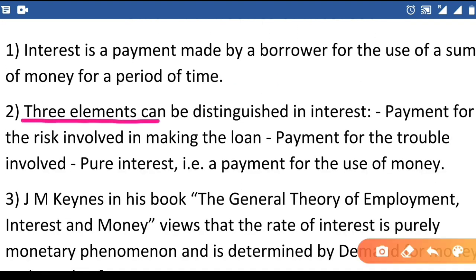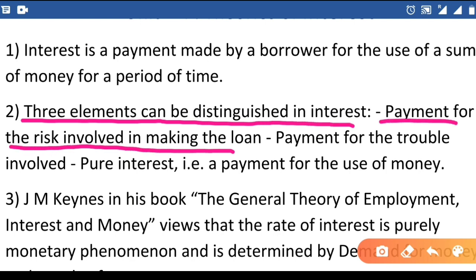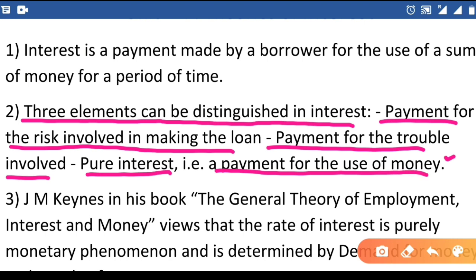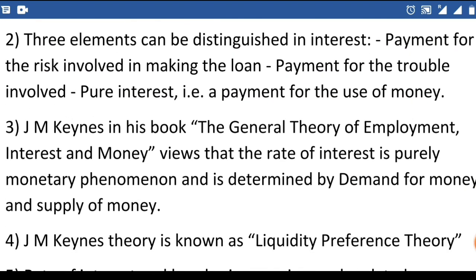Three elements can be distinguished in interest: payment for the risk involved in making the loan, payment for the trouble involved, and pure interest, payment for the use of money. I will tell you with one example. There are various loans in the bank. For example, take a mortgage loan.